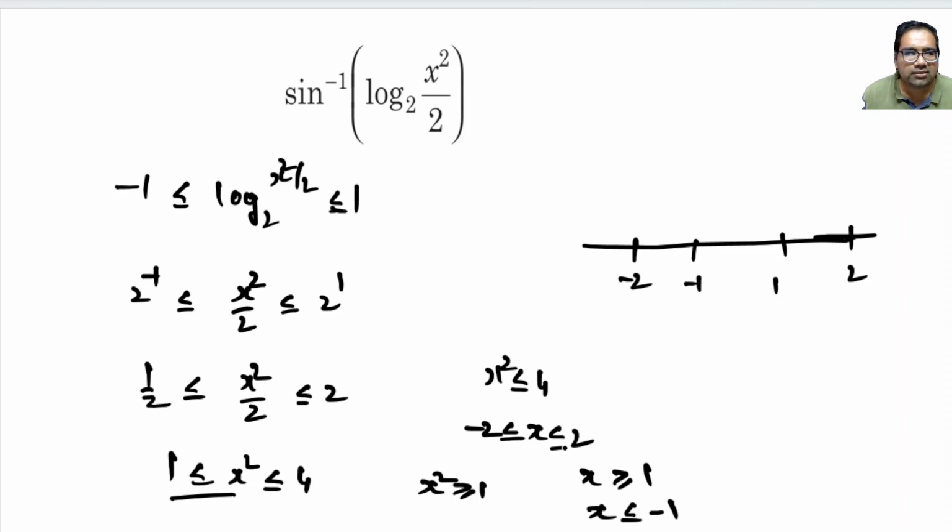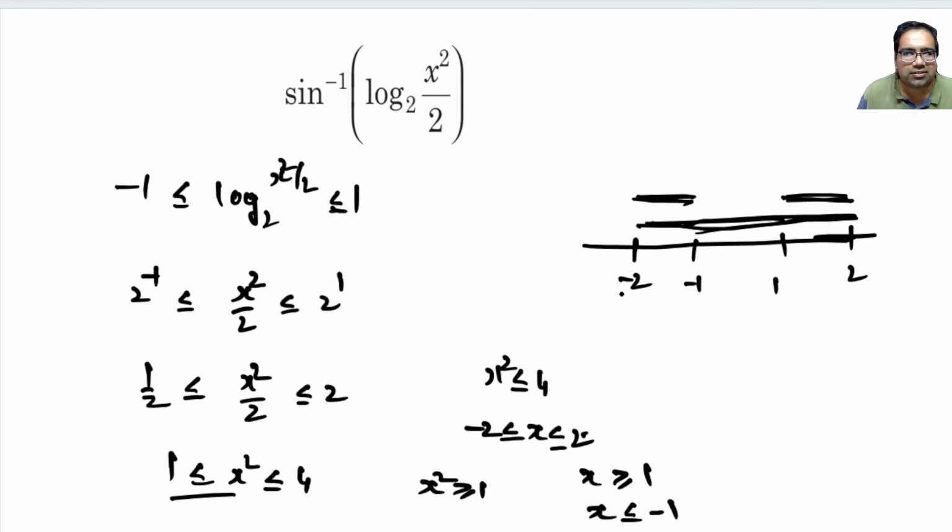Okay. x should lie between minus 2 and plus 2. This is as per this condition. The second condition is stating x should be greater than or equal to 1, that is this part of the story, or x is less than or equal to minus 1. Okay. We are not including the part to the left of minus 2 because anyway it will not satisfy this.